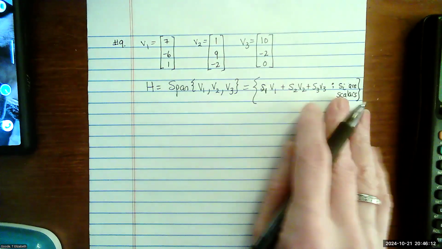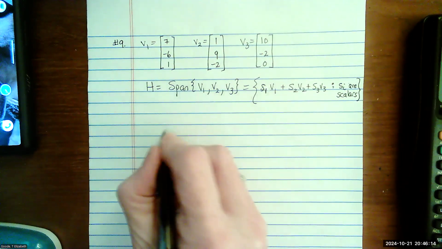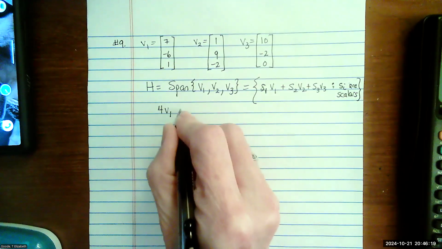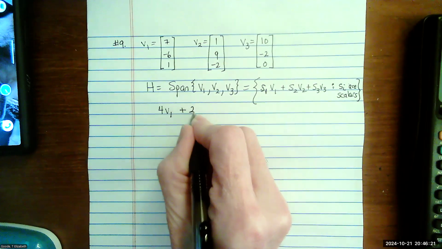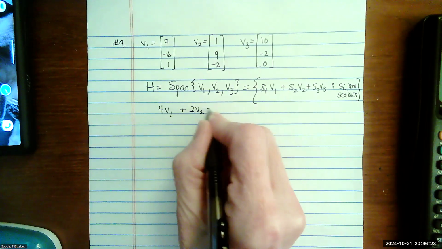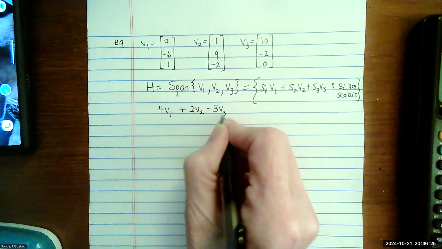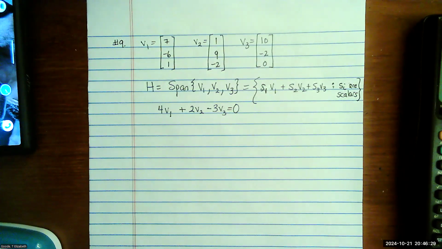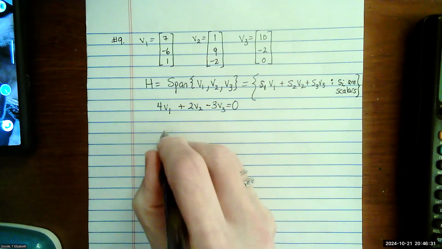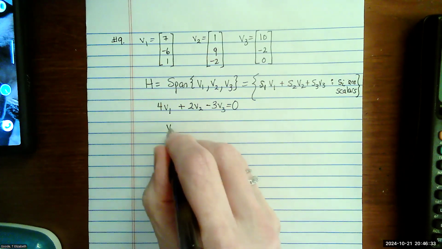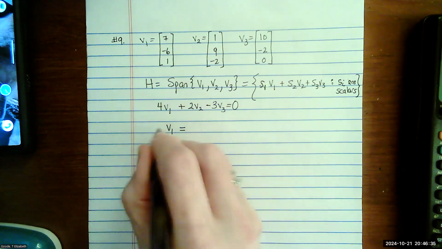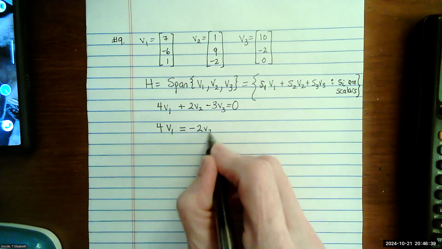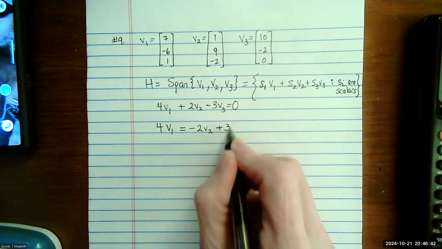Okay, so we know that there's a relation between these vectors. And my relation says 4v1 plus 2v2 minus 3v3 equals 0. So that means, let's do it in two steps, 4v1 equals negative 2v2 plus 3v3.